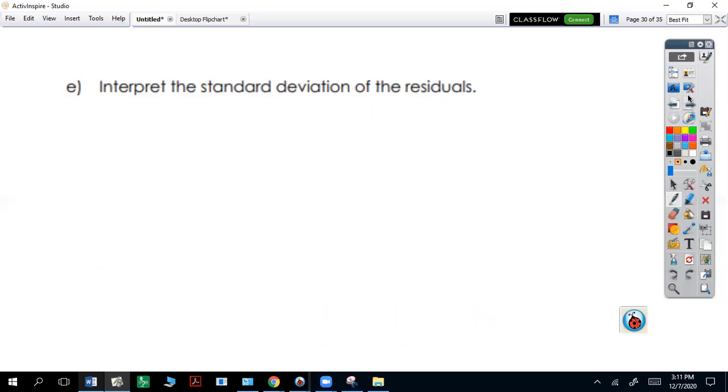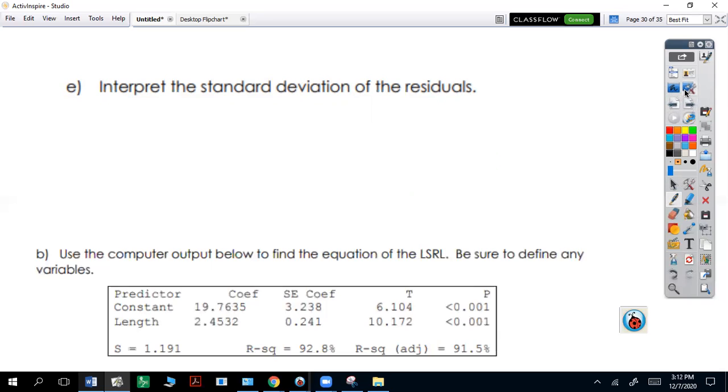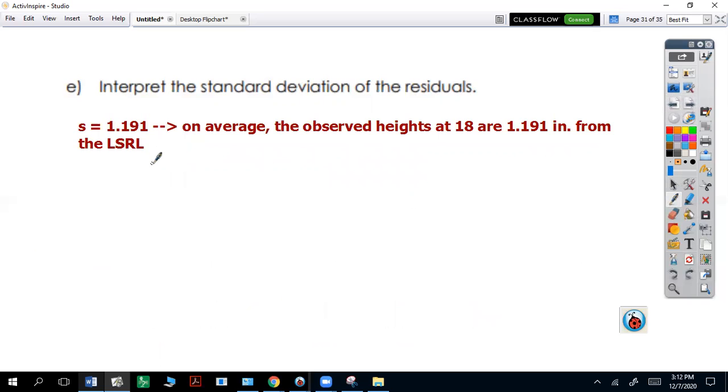So first, let's interpret the standard deviation of the residuals. Well, that's this right here. That's 1.191. So we say on average, the observed heights at 18 are 1.191 inches from the least squares regression line.